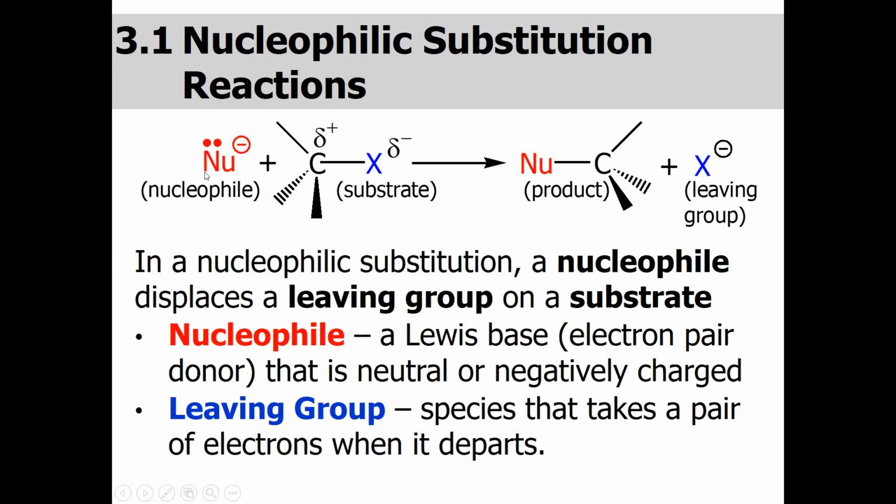A nucleophile could be a Lewis base. It could have a lone pair of electrons, and it could be a neutral or negatively charged species. The leaving group is a species that takes a pair of electrons when it departs. This is the general explanation of this reaction.